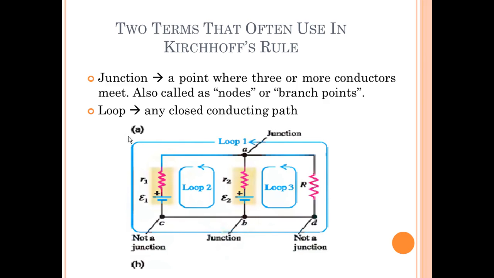Once you have identified all the circuit elements included in a given loop, Kirchhoff's loop rule says that when you have the voltage of each of the circuit elements, for example in loop number 2, the voltage for R sub 1, the voltage for R sub 2, E sub 2, and E sub 1, you add them algebraically.